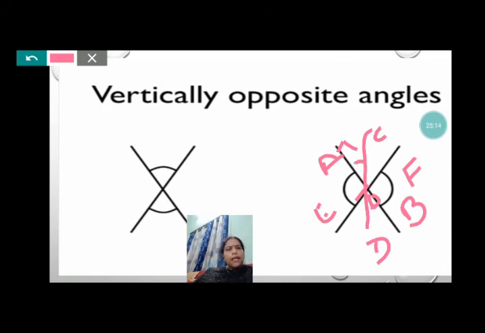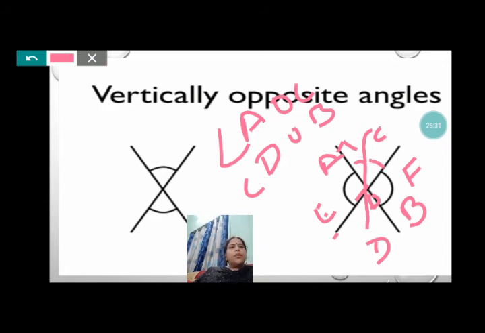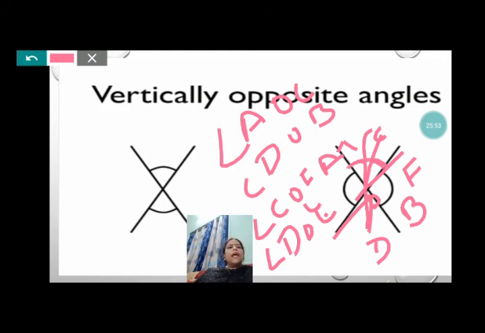Now angle AOC and angle DOB are vertically opposite. Then angle COF and angle DOE also form a pair. Then angle AOF and angle EOB also form vertically opposite angles.